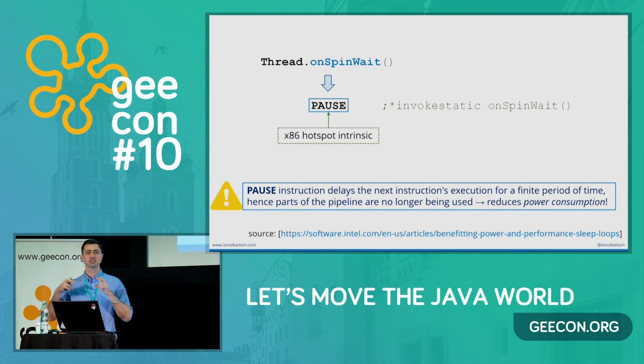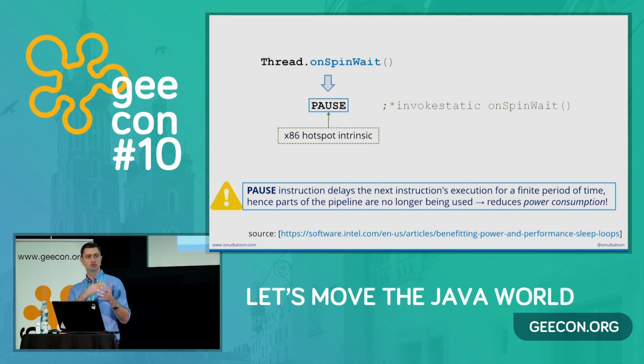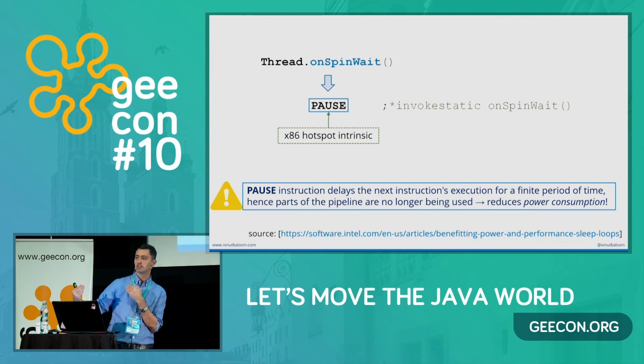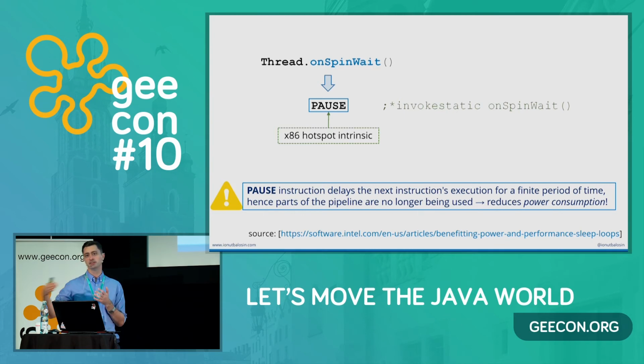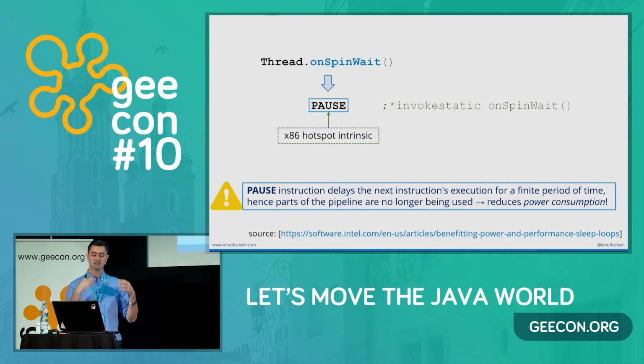What the PAUSE instruction does is give a hint to the CPU that I'm in a busy waiting loop. So in this case, it should delay the execution a bit and emit fewer instructions. So implicitly in the pipeline, there are fewer instructions to be emitted because the execution is a bit delayed, and as a consequence it reduces the power consumption as well.